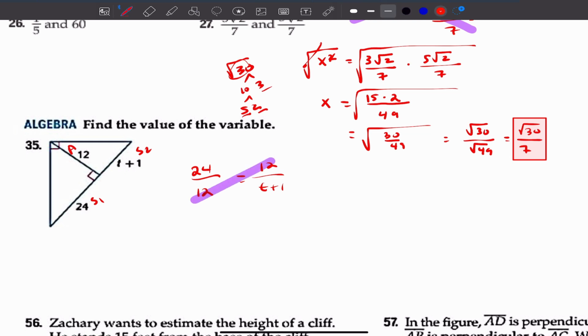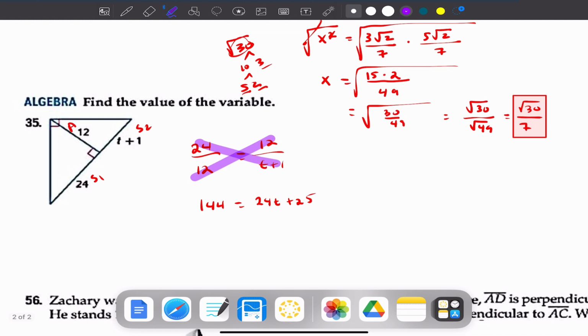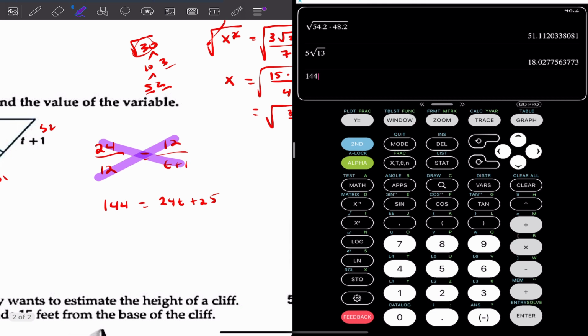Okay, so that's 12 times 12. That's 144 equals 24t plus 25. Okay, so basically this, you don't really need to use geometric mean at all. This is more of a SAS type of problem here. Okay, and then you minus the 25 on both sides. What's 144 minus 25? I don't have my physical calculator with me, so I'm going to have to use my calculator.